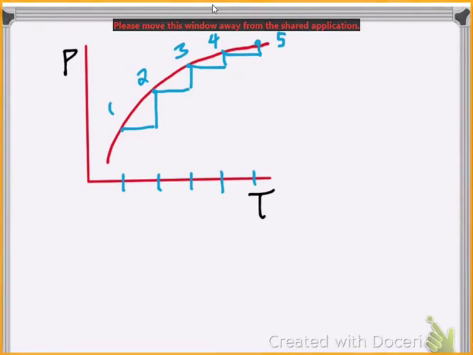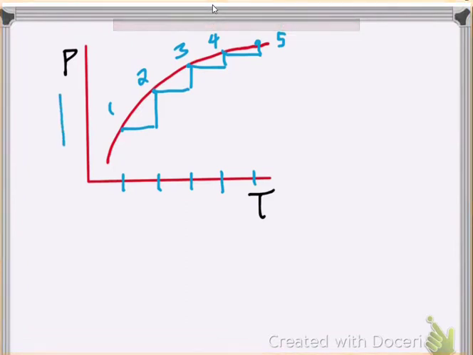As the object is moving, it moves from point 1 to point 2 to point 3 to point 4 to point 5, which means that it's moving this way. That means it's moving to the right.